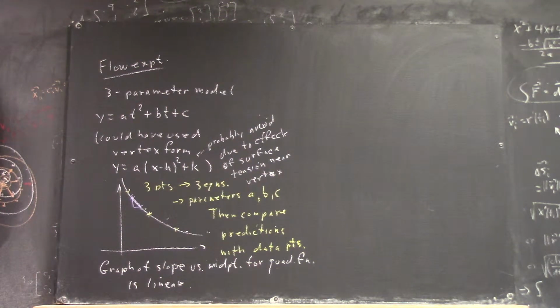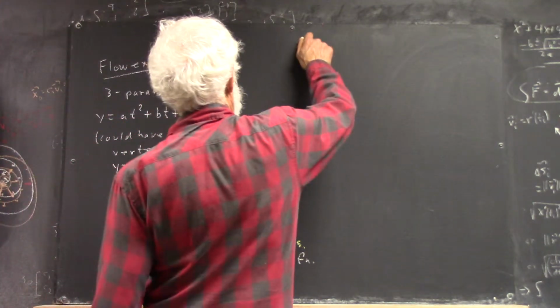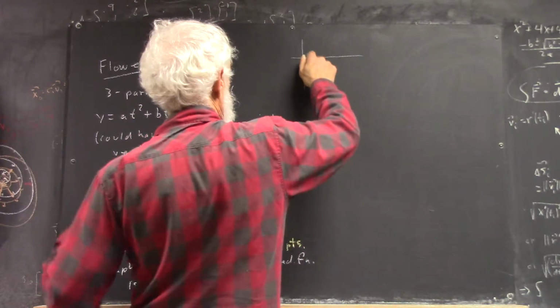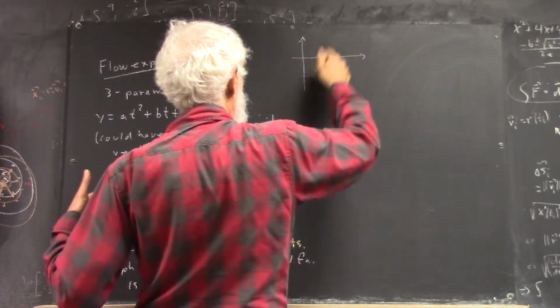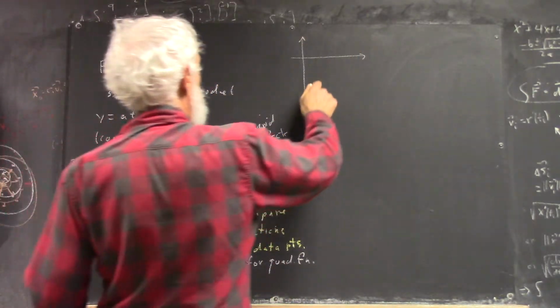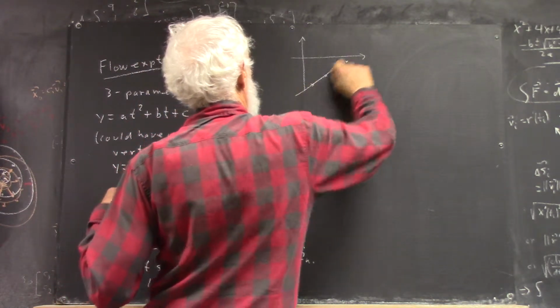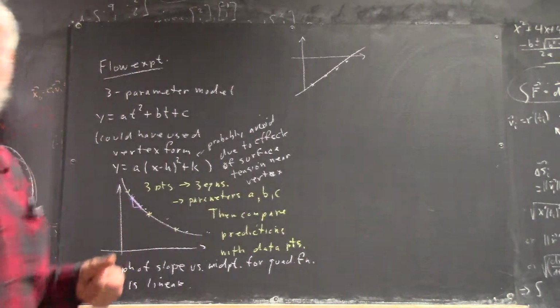Okay? So this means that if I was to graph slope versus midpoint, the slopes are all negative, so I'm not going to leave myself a lot of positive y values, but the slope versus midpoint is going to look like this. Okay?